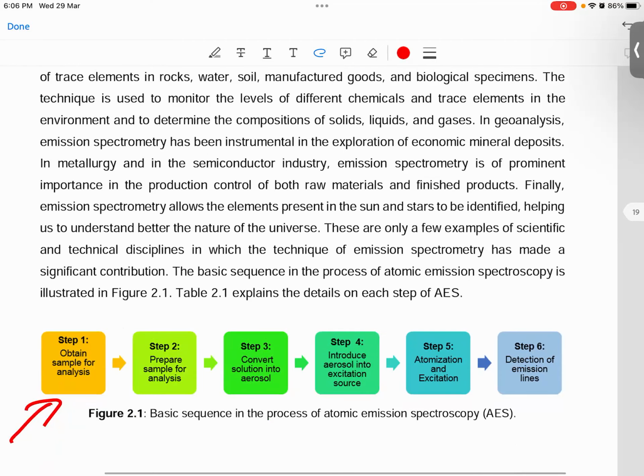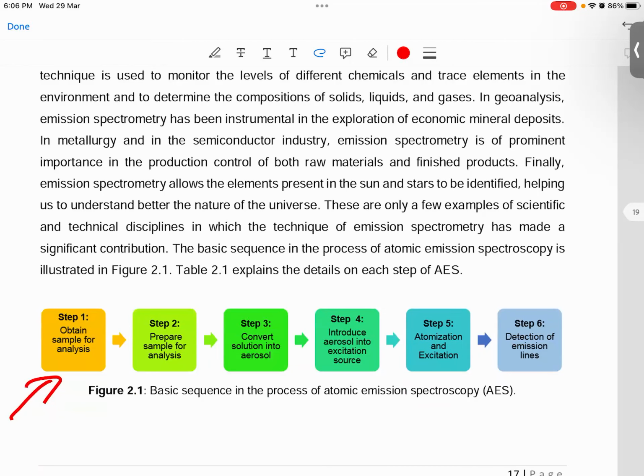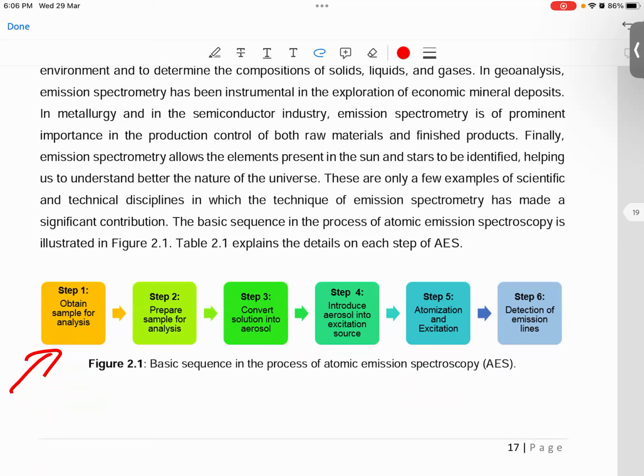From the steps, you can see AES is almost similar to AAS. You have to prepare the samples, aerosolize, still do desolvation to remove any water, and then atomization. But in AES, usually atomization and excitation occur in one go.